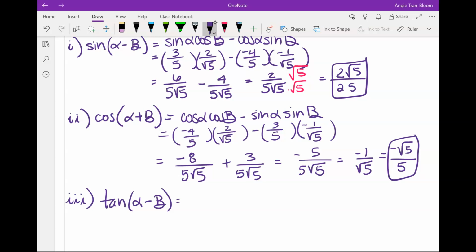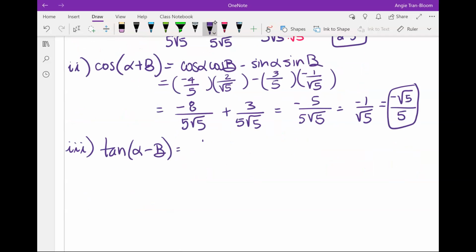All right, Thomas, what's the formula for tangent of alpha minus beta? Tan of alpha minus tan of beta all over 1 plus tan of alpha times tan of beta. Yes, sir. Great job.